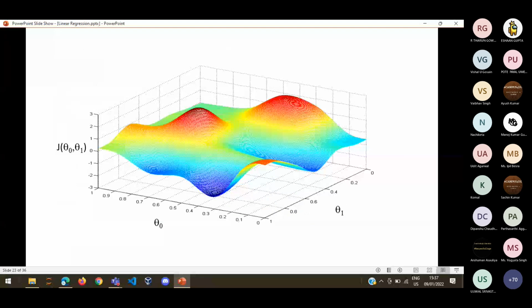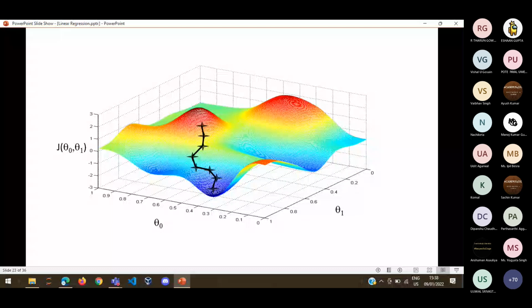So let's say you began at this point, and then you check for the steepest direction at that location, and based on that you take your next step in search of the minima. You reached here, then here, and ultimately you reach this minimum point. So that's how this algorithm works.